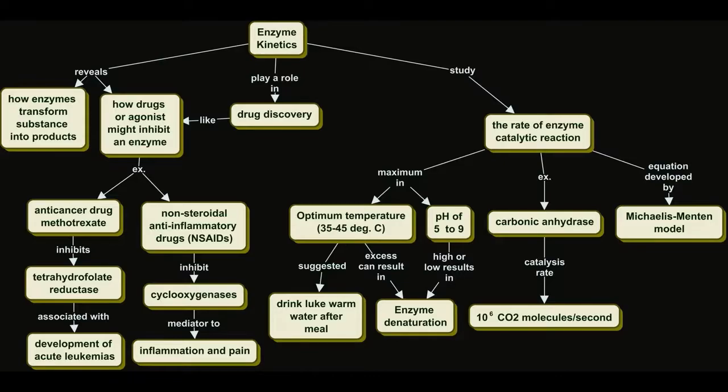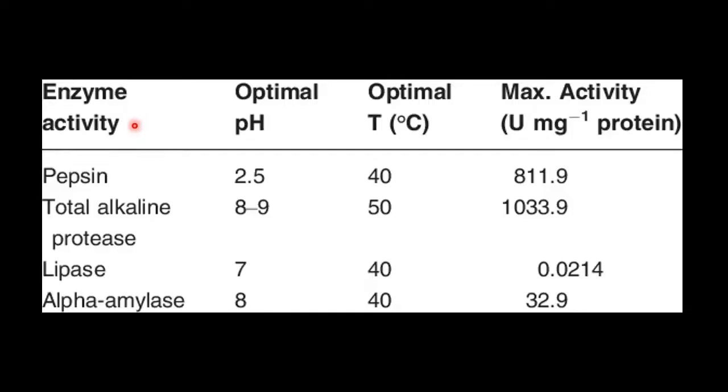So here are the different types of enzyme with their different optimal pH and optimal or operating temperature. And in the last column is their maximum activity. For example, we have pepsin, whose optimal pH is 2.5.